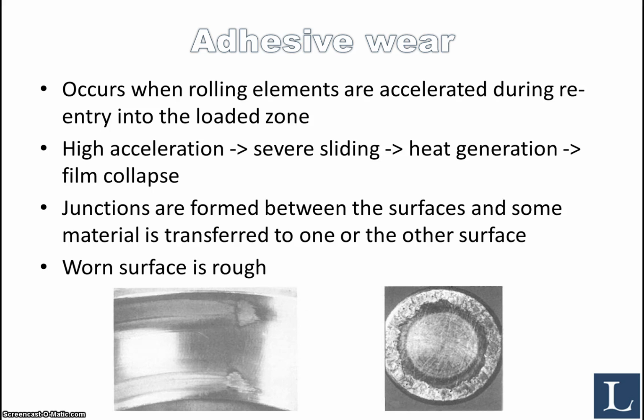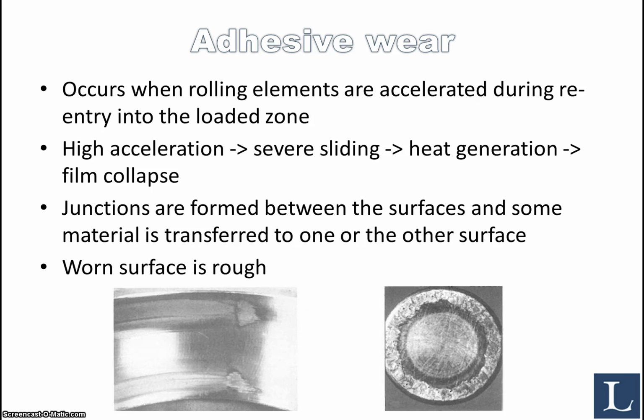And in a rolling element bearing, this would occur when the rolling elements are accelerated during re-entry into the loaded zone. Then the rolling element will suddenly accelerate. This will give you even more sliding during that acceleration, which results in heat generation.